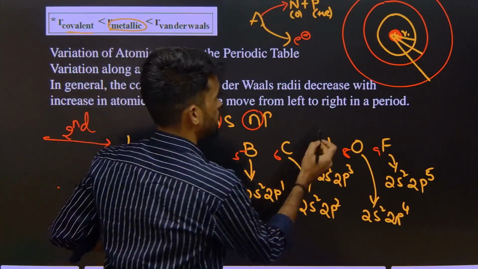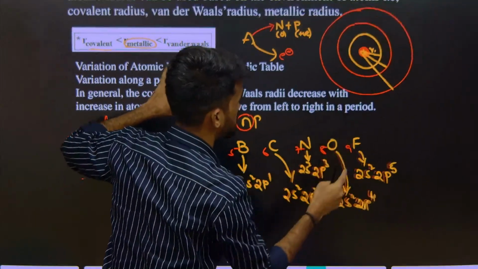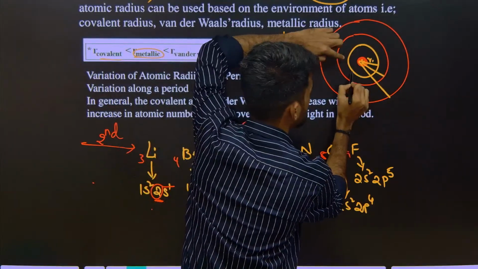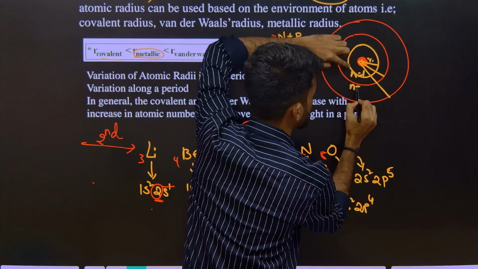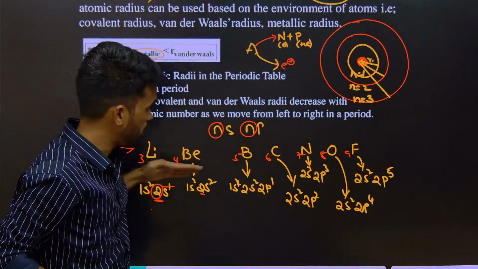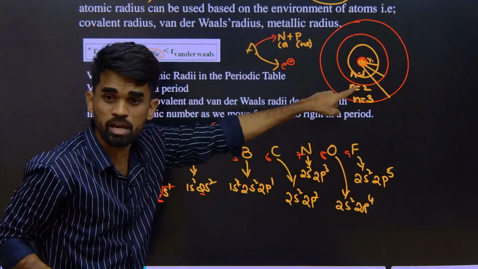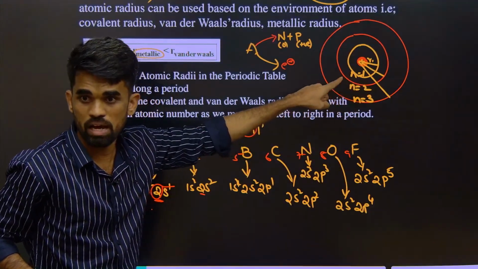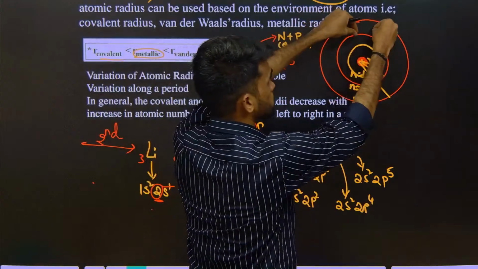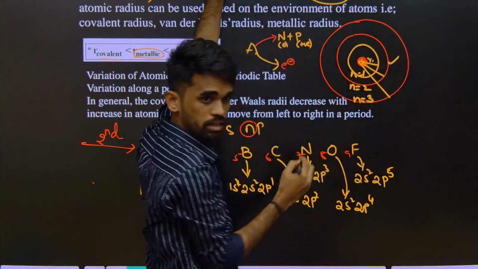You can consider this is n equals 1, this is n equals 2, n equals 3. As we move from here to here, all of them have the same n value. What is that n value? 2. It means all the electrons go into this second energy level only.